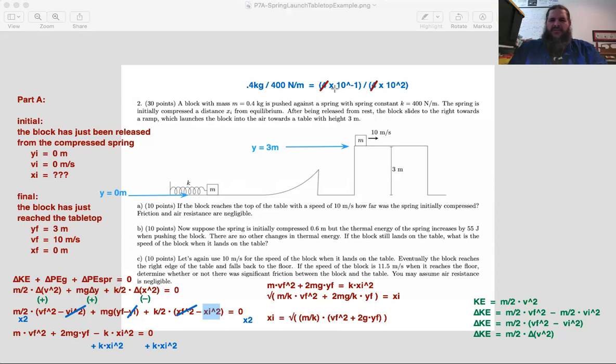And then the rest of it, we've got 10 to the negative 1 divided by 10 to the 2. What can you do with exponents when you're dividing? If you've got 10 to some power divided by 10 to some other power, what can you do with those exponents?